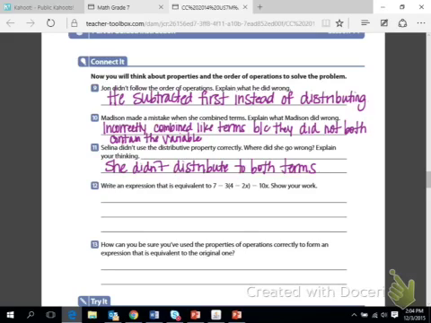Now we want to write an expression that is equivalent to 7 minus 3 times 4 minus 2x minus 10x and show our work. We did that when we started the problem to help us make sense of it. So we take our 7 minus 3 times 4 minus 2x minus 10x and we start with the distributive property. Negative 3 times 4 is negative 12.